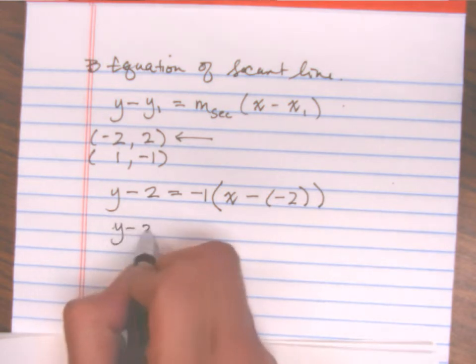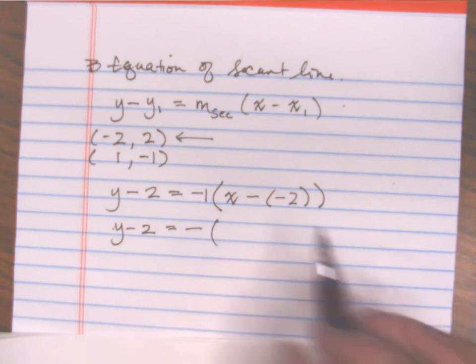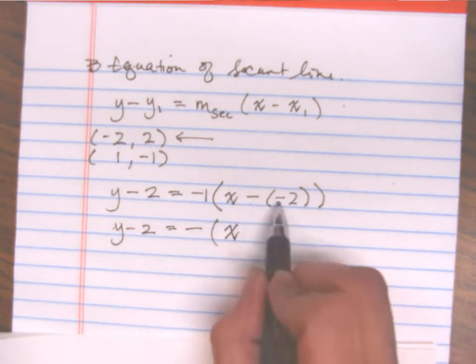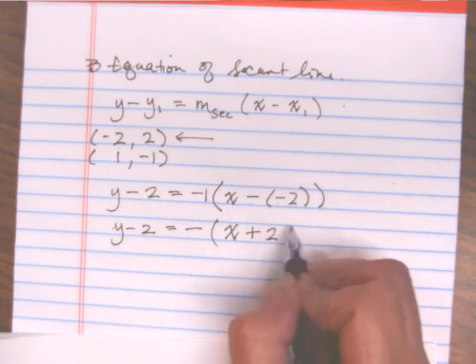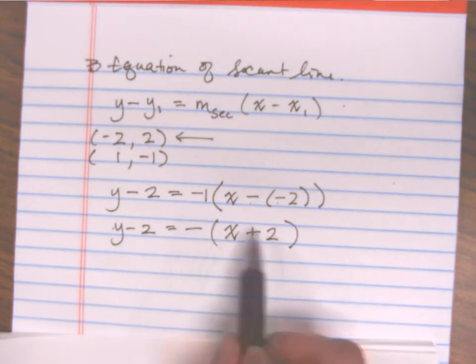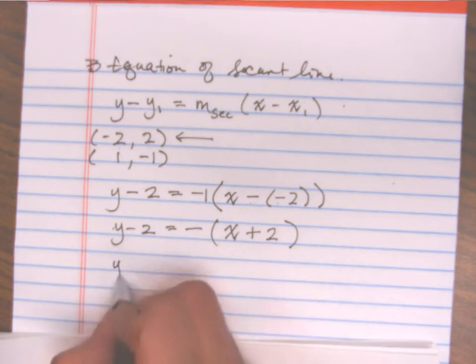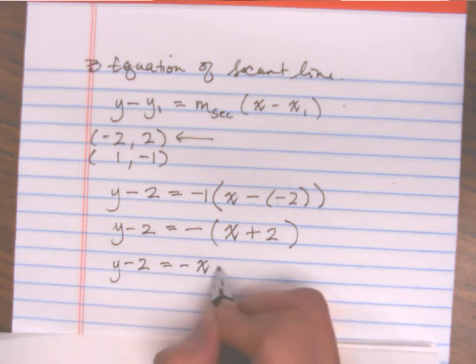We've got y minus 2 equals negative. I don't have to write the 1 anymore, it's understood. x, and the double negative property here says this changes to addition 2. Okay. The next thing I want to do is distribute this negative sign across my parentheses. So I have y minus 2 equals -x minus 2.